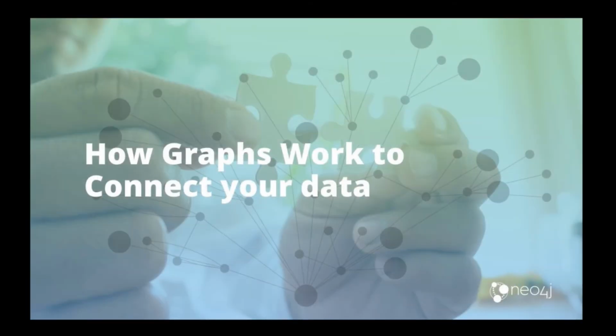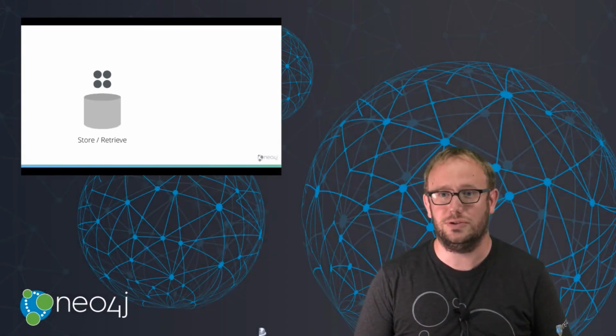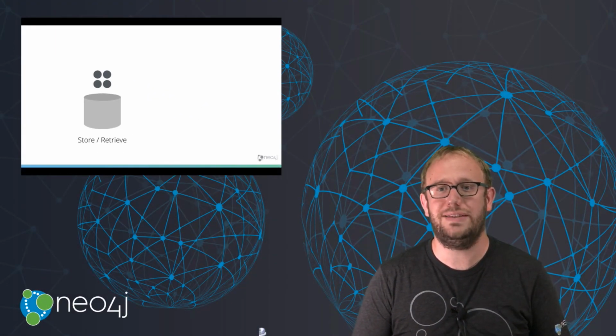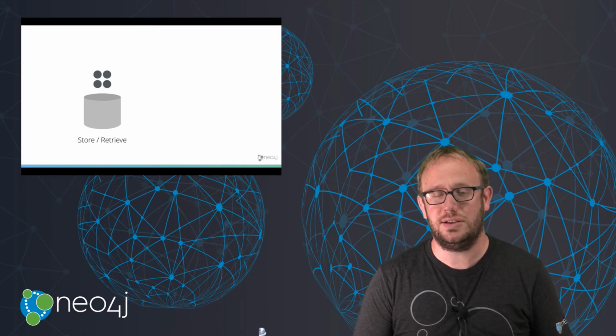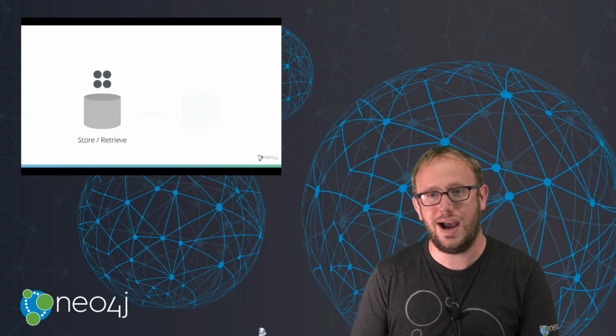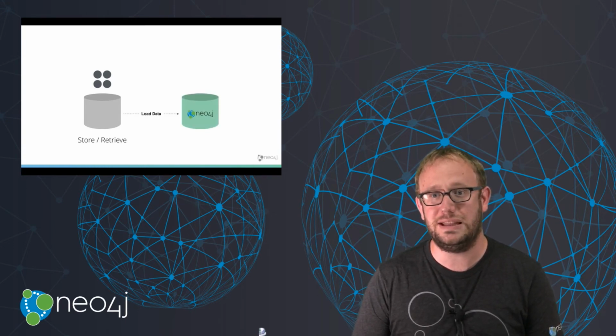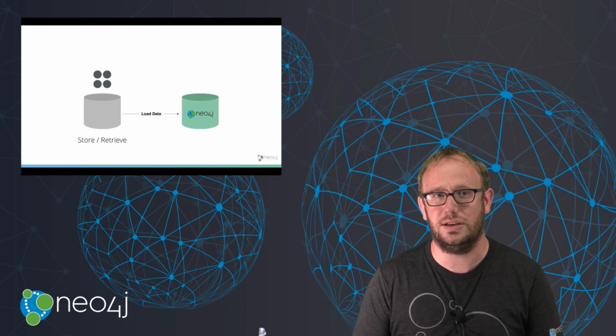So how do graphs work to connect your data? Now, any database is really about storage and retrieval. You have these nodes, you have these entities. These entities can get thrown into the database, and then you can pull them back out. But with a graph, as you move your data to a graph, you're thinking about those entities not just of themselves, but the connections between those entities.